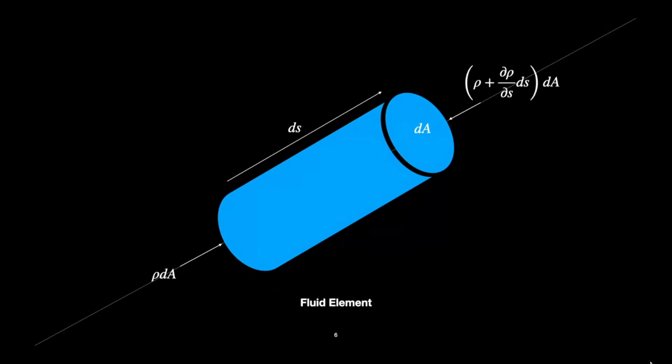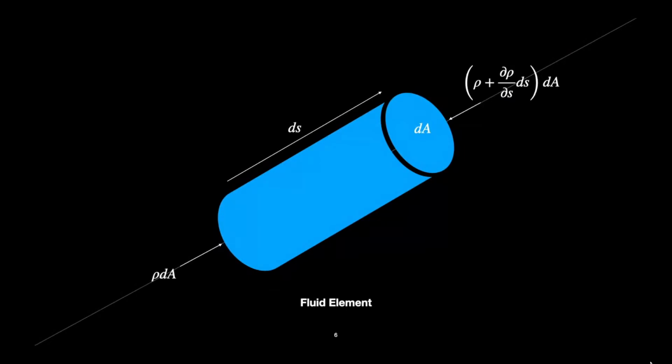So the way our pressure changes, we're going to add that ds, because we have the change of the pressure with respect to the cylinder's width, and then we have to go ds above. So, like the partial of rho with respect to the width, and then we add ds times.